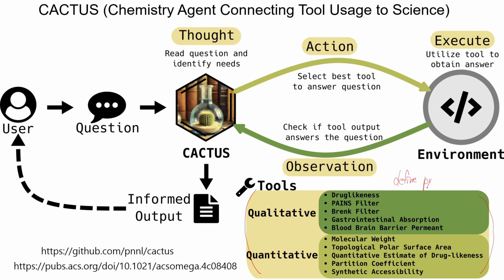Define a Python function for that task, and our task is to check compliance of Lipinski's rule of 5. So for that, we will define the tools, and other functions will be provided.